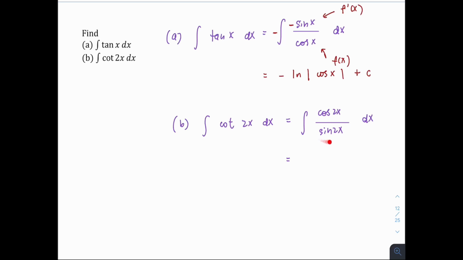When you differentiate sine 2x, you should have 2 times cos 2x. So we need to add in a 2 here and divide by a 2 outside. Therefore the adjustment that I have made is 1 over 2, and ln the bottom part of the fraction, which is sine 2x. This is how we integrate tangent and cotangent.